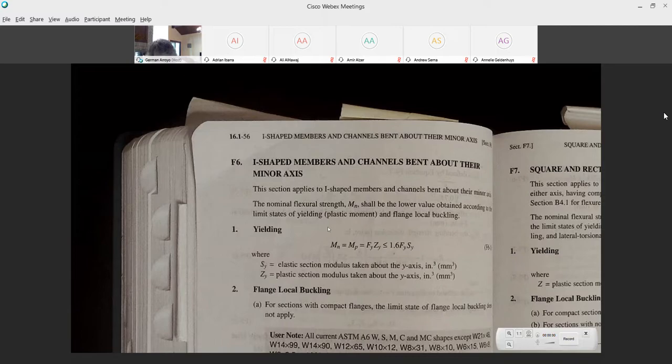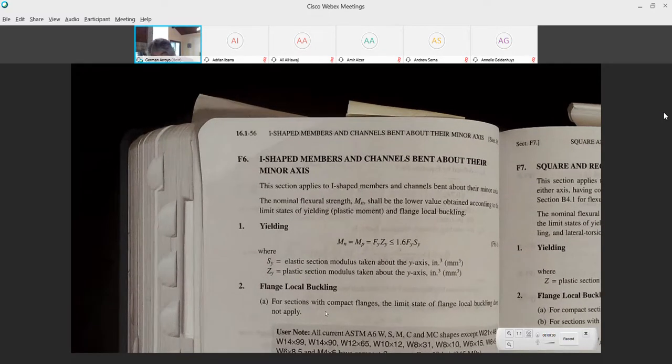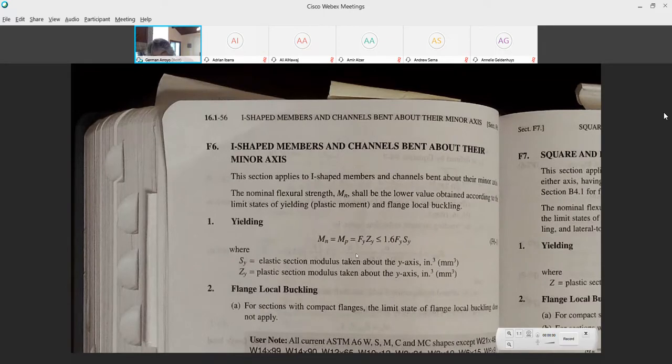That's why you can see that there's only one limit state. There is no lateral torsional buckling because the compression flange cannot buckle. But it could be local buckling. So this is the limit state of yielding for the weak axis, and is related to Zy and Sy.